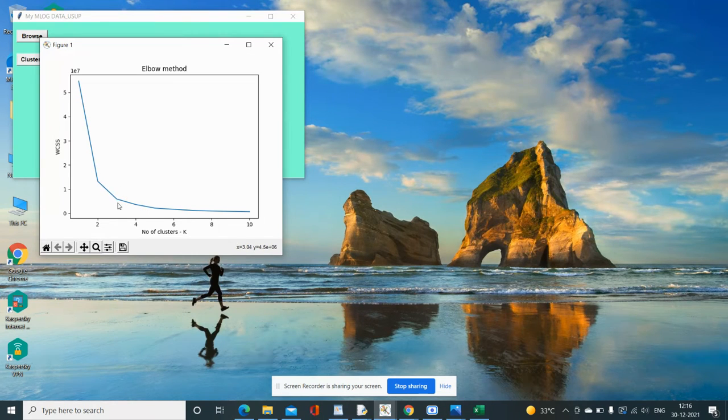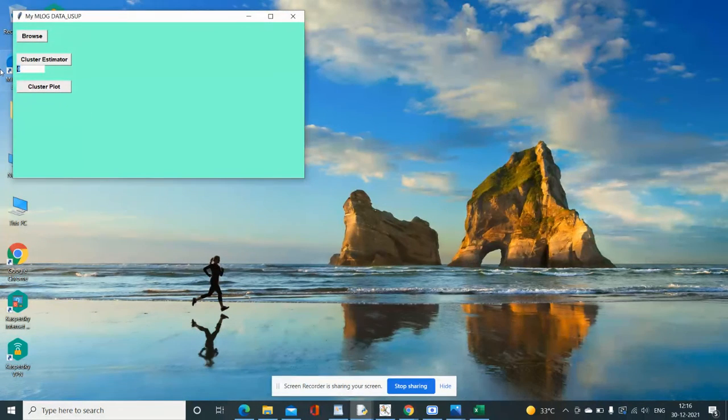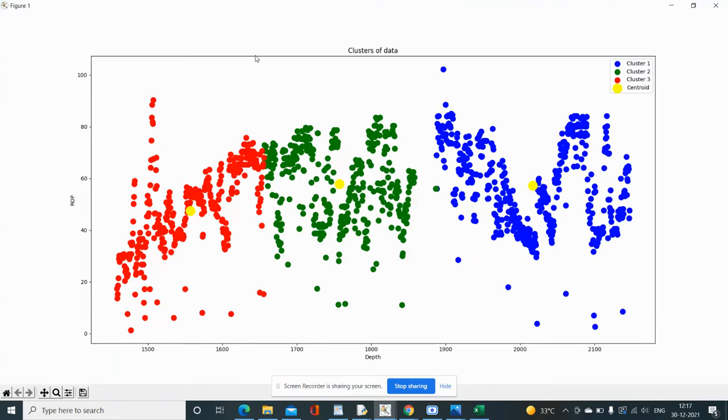So I am taking 3 as the ideal number of clusters, as the elbow plot tells me that the best possible number of clusters is 3. So I enter 3 here and I click on the cluster plot. Then I can see that my ROP data against depth is segregated into 3 clusters.